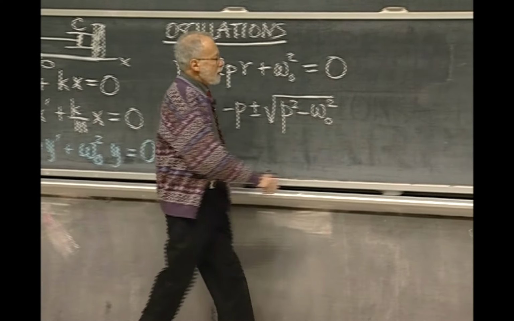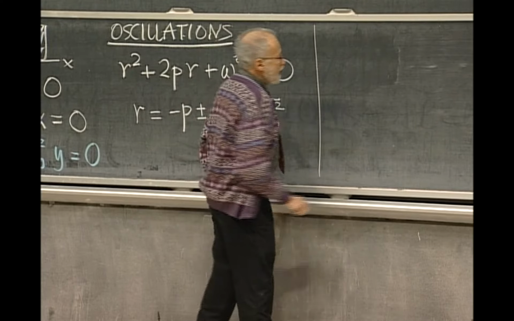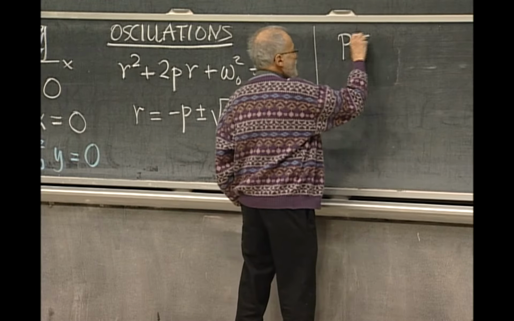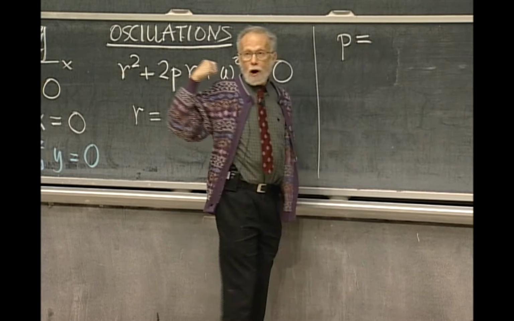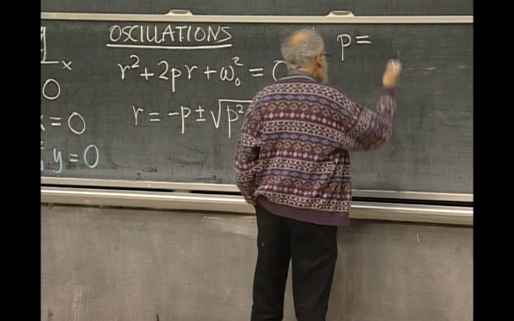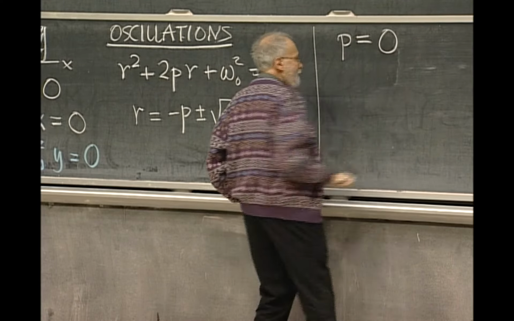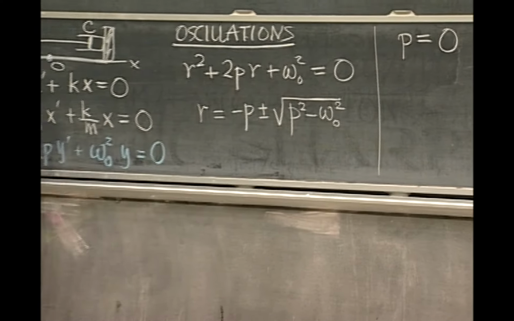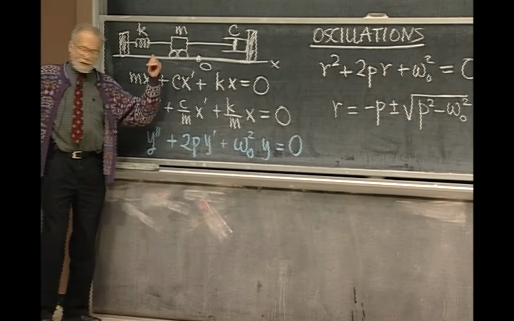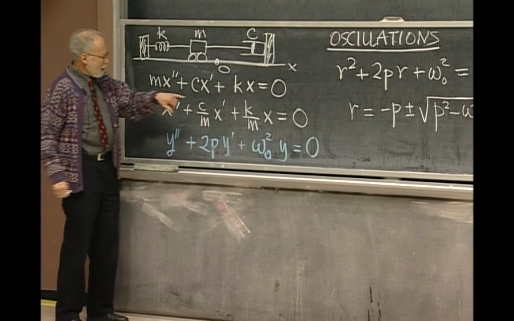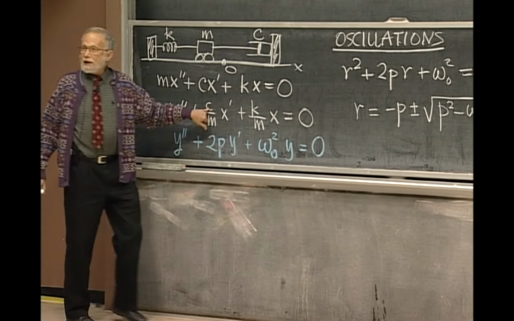Okay, now, the first case is where p is equal to 0. This is going to explain immediately why I wrote that omega naught squared, as you probably already know from physics. If p is equal to 0, the mass isn't 0, otherwise nothing good would be happening here. It must be that the damping is 0.